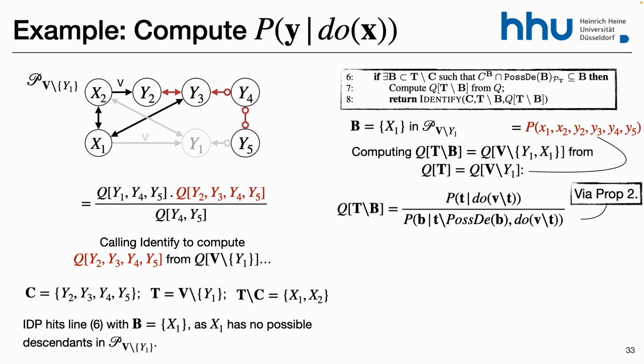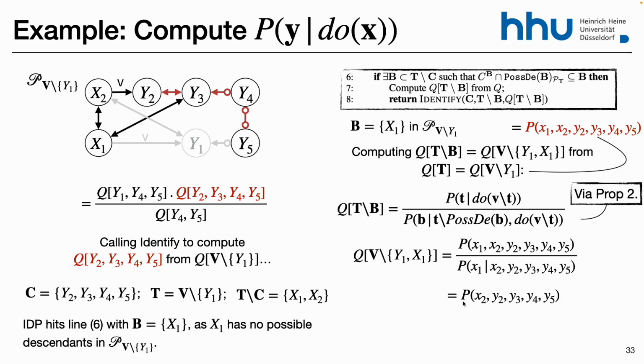And we apply the proposition again. So the joint is this joint here in the numerator, and in the denominator is the conditional of this distribution given t. Our t is v minus y1 minus the descendants of b, which is none.